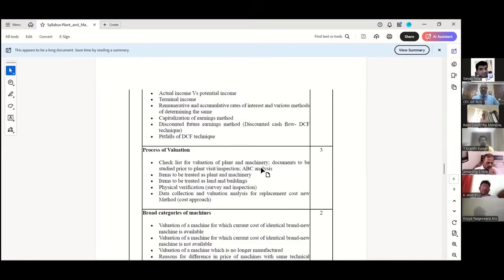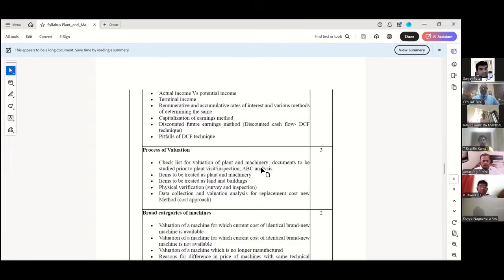Last 5 years audited financial statements, balance sheet, inventory. And then copies of invoices if available. Simply, whatever the points that we have discussed in macro identification and micro identification.